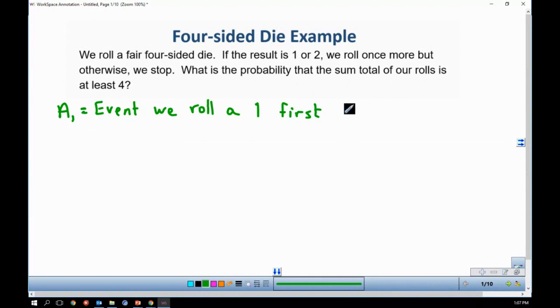Do I roll again or do I stop? It says we roll once more. So if I roll a 1, I'll have to roll again, which means I can get another 1. I can roll again and get a 2. Roll again and get a 3. Or roll again and get a 4.